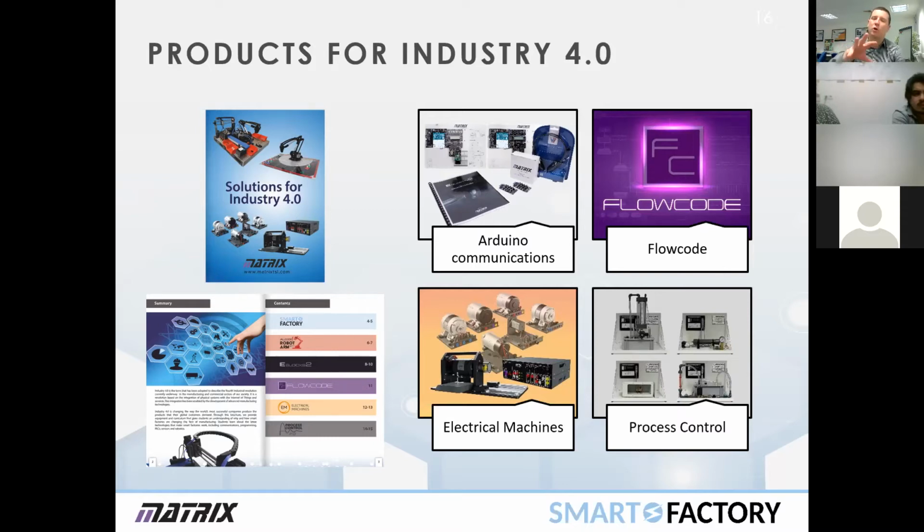It includes a whole range of our products, including the Smart Factory and the Robot Arm Production Cell, as we've already touched on today, but then also communications protocols using Arduino and Flowcode, and then two other products which are really useful for this type of study.